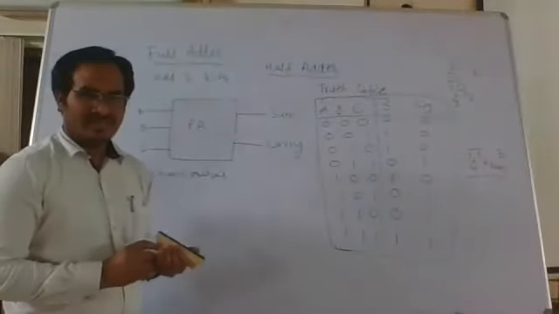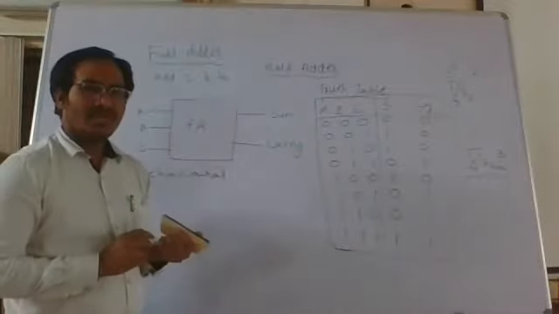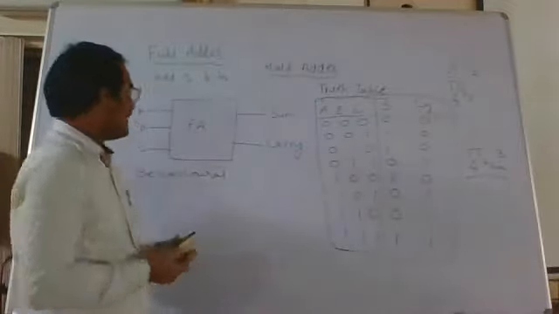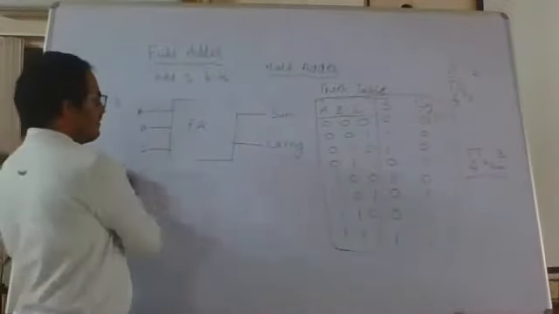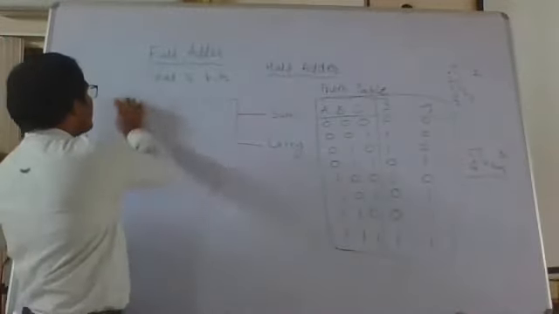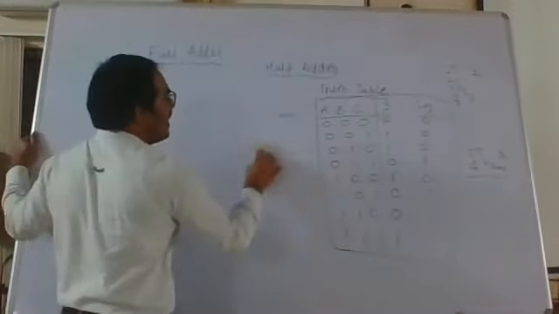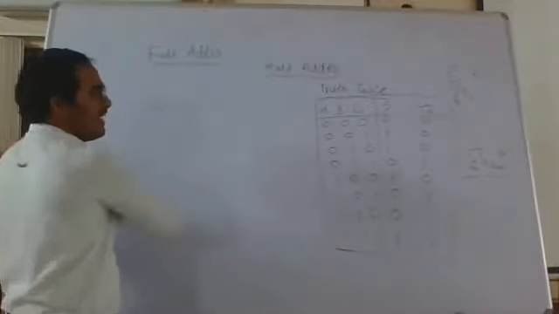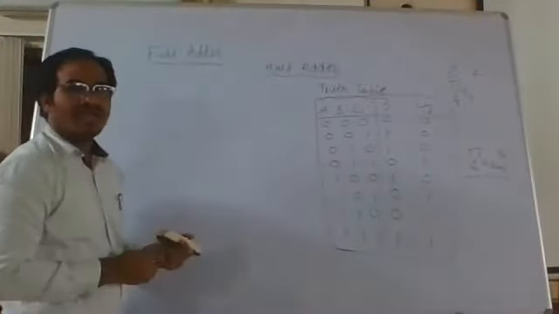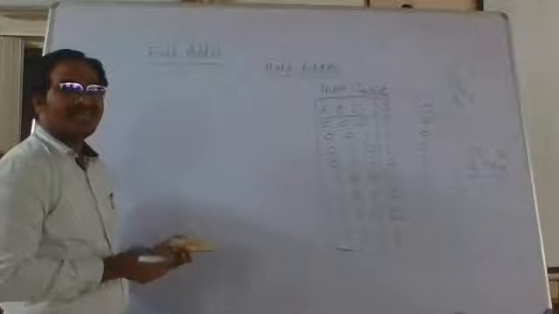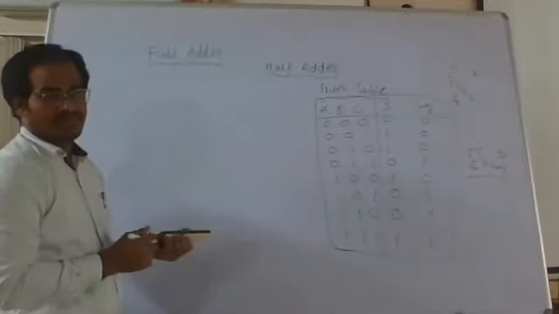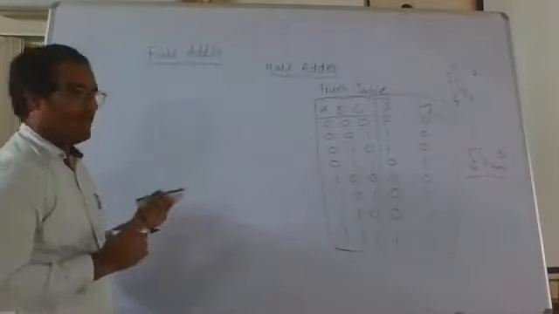Next, we need the Boolean expression form. To get the Boolean expression form, we have to write the two output functions in terms of the sum of minterms.